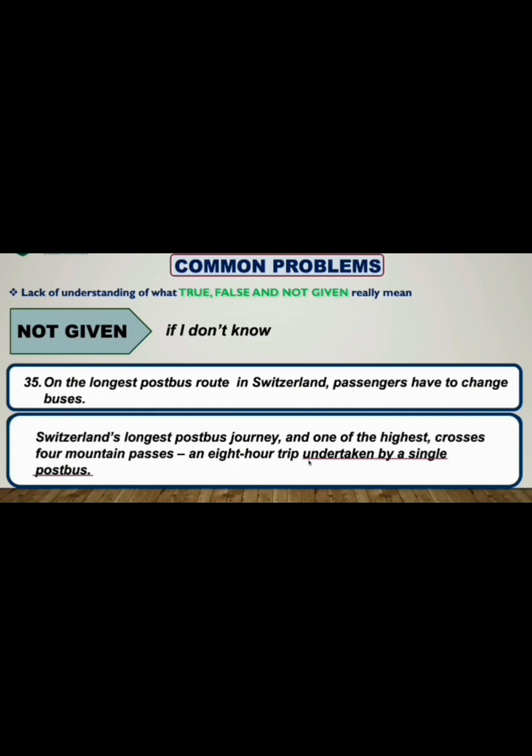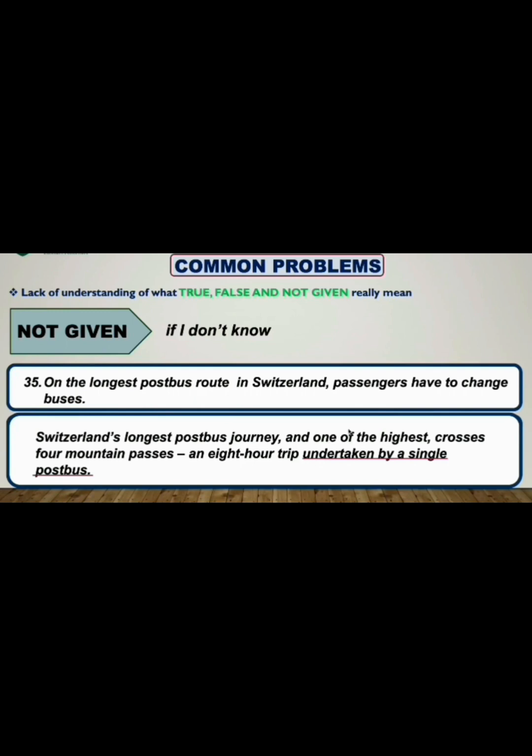It says that this journey is an 8-hour trip and you will undertake it by a single post bus. Do you see that? So you're not changing buses, you will be in one single bus throughout the entirety of the journey. So that means we know that you don't have to change buses, you have to undertake it by single post bus. So this can't be a not given option, rather it will be a false.